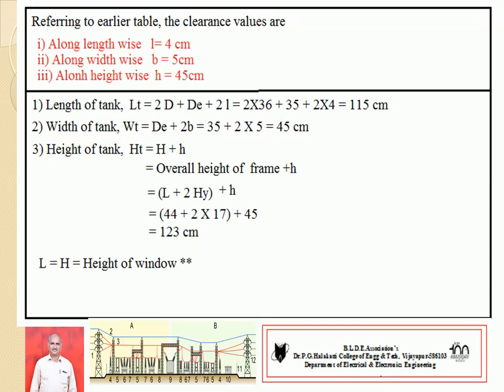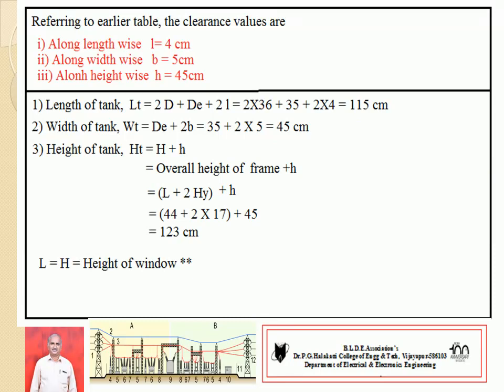Then height of tank, HT equal to H plus small h. So it is also known as overall height of frame plus h. It may be referred to as per the Mitley book suggestion, length of window plus 2 times HY. It is observed in the previous problem also. So this is given.